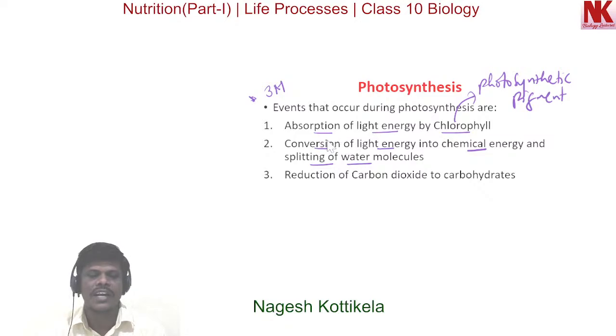After that, one more important step is splitting of water molecules, during which oxygen is released. The third step is reduction of carbon dioxide to carbohydrates. So these are the 3 events that occur during photosynthesis, a very important question for 3 marks in board exams. Now let's discuss these steps in detail.